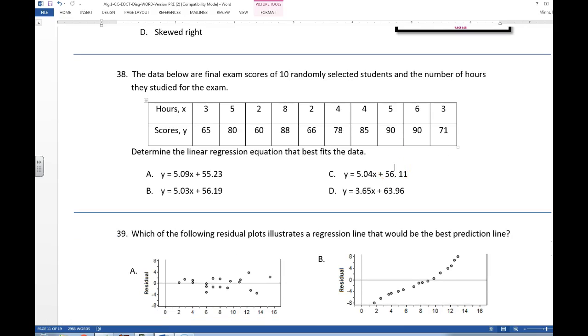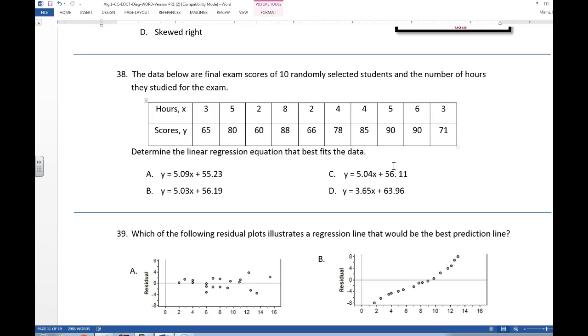Number 38. The data below are final exam scores of 10 randomly selected students and the number of hours they studied for each exam. Determine the linear regression equation that best fits the data. Let me turn to that on my paper here. We did linear regression earlier in the year.